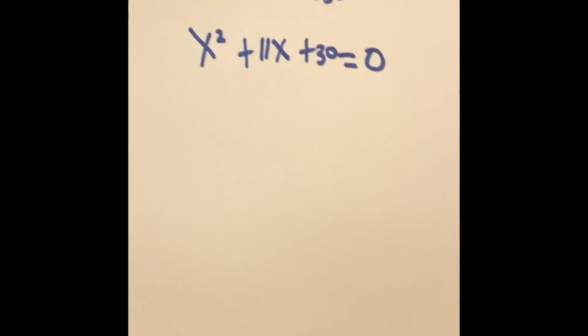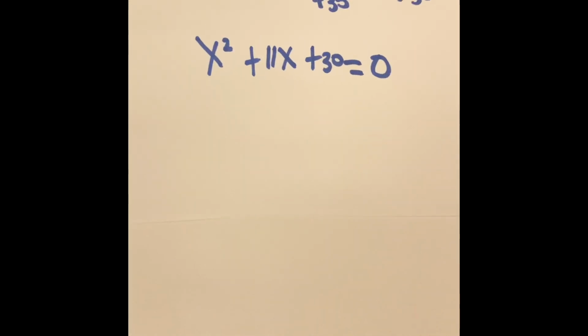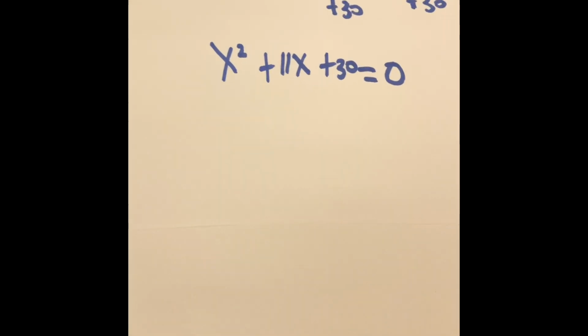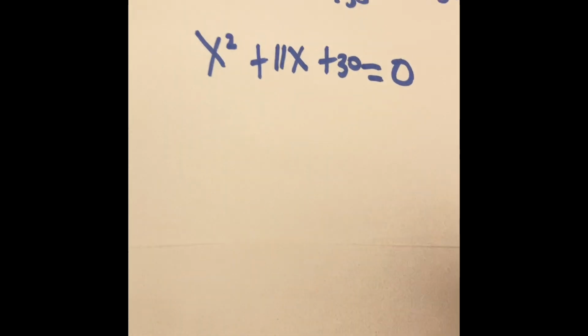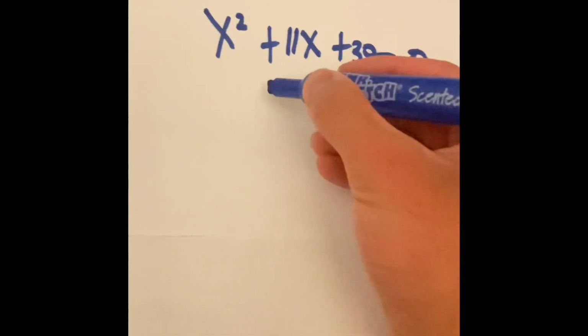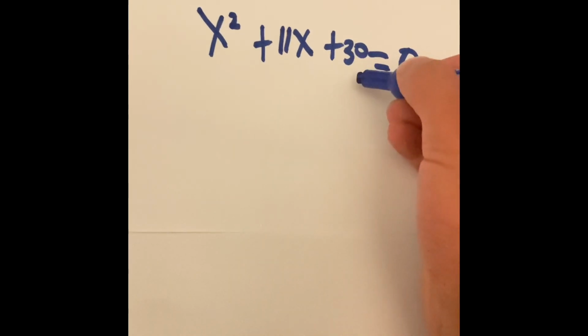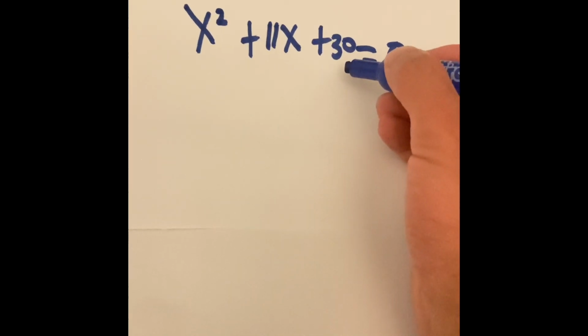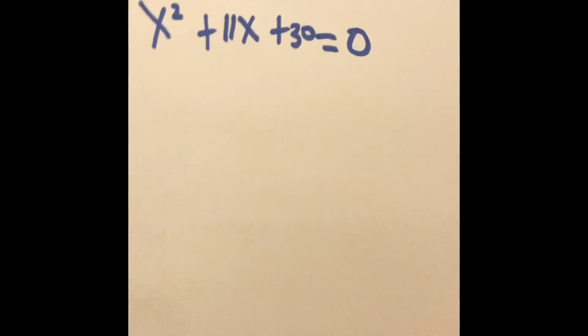After that, you can factor it and do the normal process of finding the two numbers that represent x. So we have x squared plus 11x plus 30. What we're going to do is try to factor this quadratic trinomial.